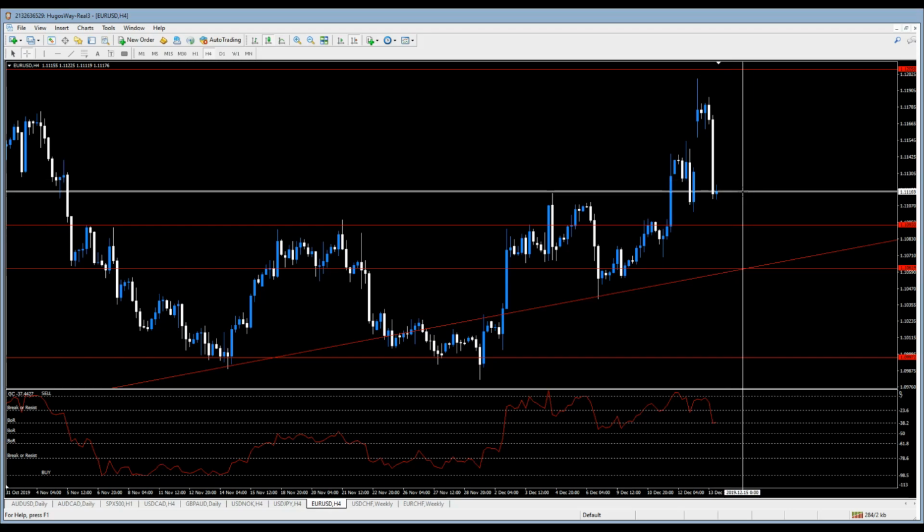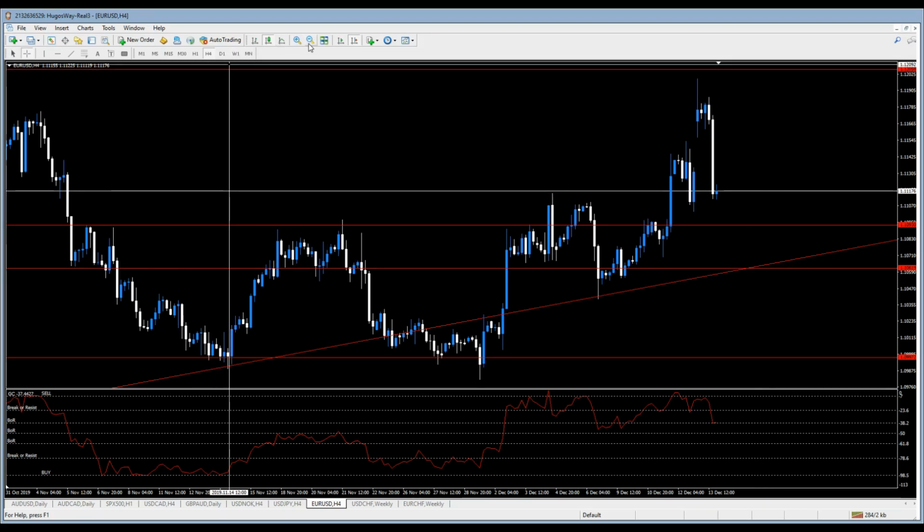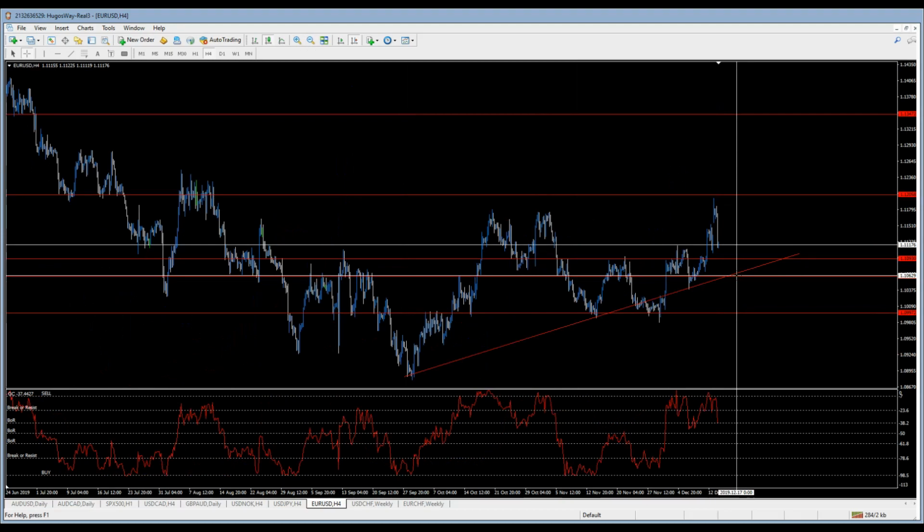So yeah, I'm really confident about this one right here. This should shoot up off of the trend line. I'll have about a 286 pip move to the upside, which is fairly nice.